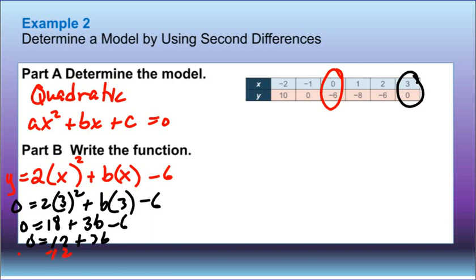Subtract 12 on both sides. I now have negative 12 equals 3b. Divide by 3. B is going to equal negative 4. So my equation would be y equals 2x squared minus 4x minus 6.